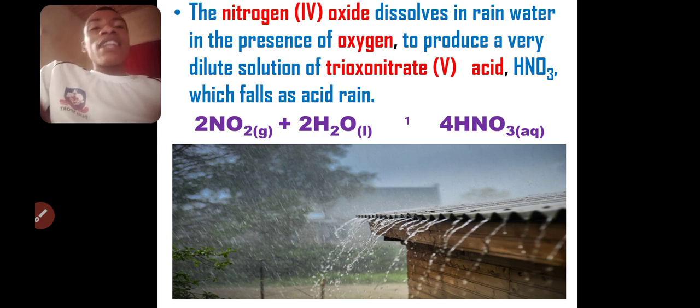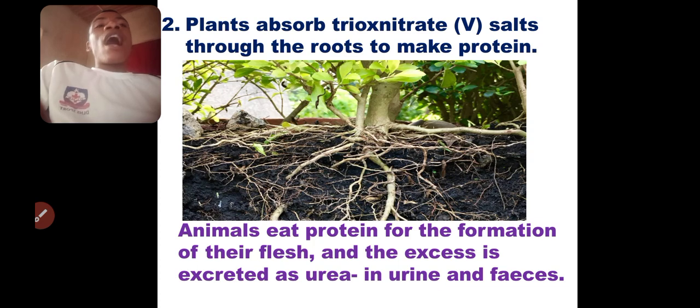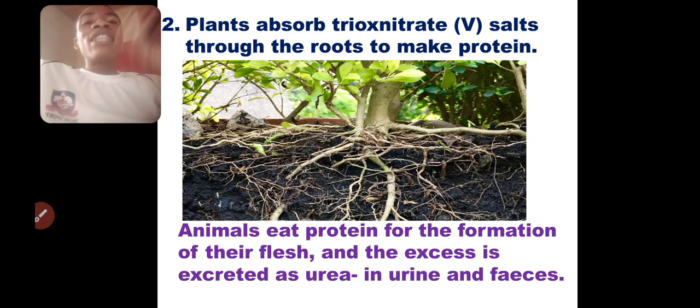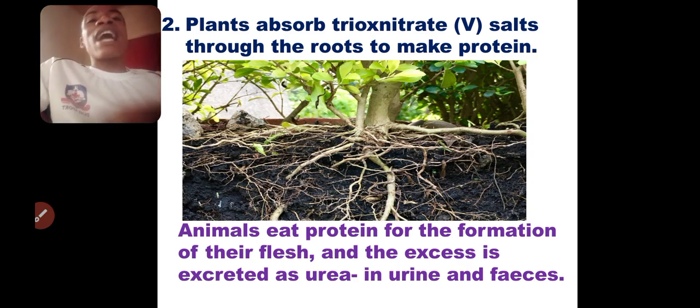So when the rain is now falling, it will fall into the earth as HNO3, and when it gets to the earth as that acid, what happens is that we have plants who through their roots can absorb nitrate salt. When the acid gets to the soil, it mixes with minerals and becomes nitrate salt. Then through that, the plant roots can absorb the nitrate salt to make protein that they normally produce.